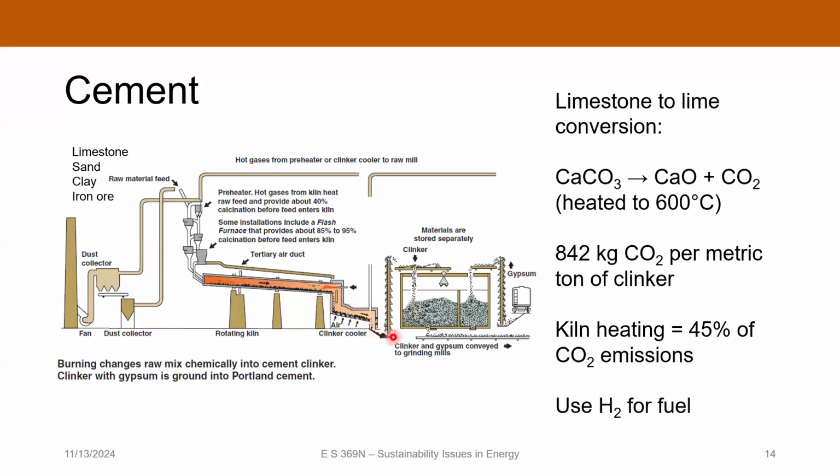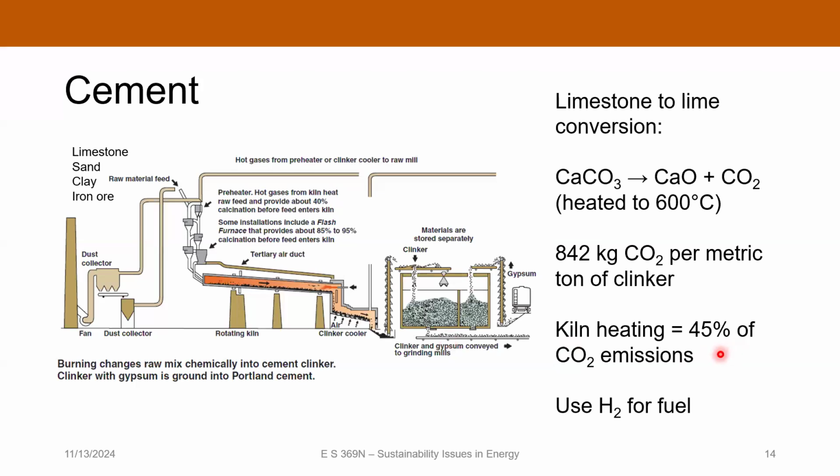The result that comes out at the end of the kiln is a material called clinker, which is ground up to make the actual cement powder. Per metric ton of clinker, you generate 842 kilograms of CO2. So that is a pretty large amount of CO2. Part of what goes on here is you're generating the CO2 from this process, but also you're using energy to heat the kiln.